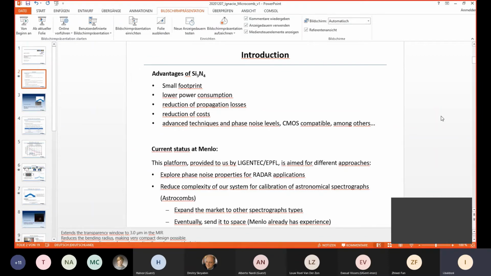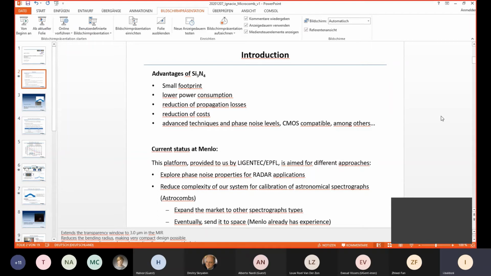And these are the reasons why here at Menlo we have started to work with this platform, in particular with two main collaborations with Lightech and EPFL. EPFL are the ones who are providing, at this moment, the chips, the microresonators that we're working with.